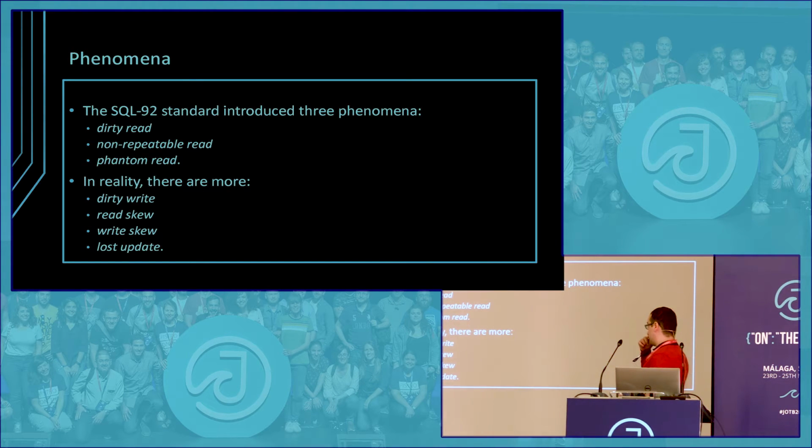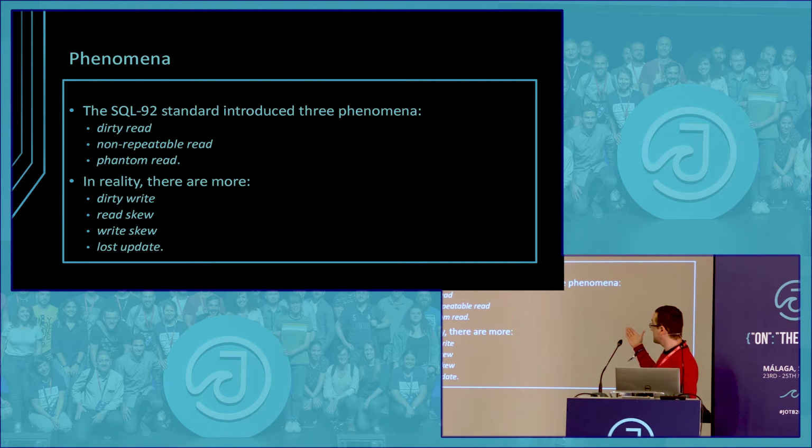The next thing is, in the standard, you see that in the beginning, when SQL appeared, everything was meant to be serializable. So they didn't talk about any anomalies, because once you use strict serializability, you don't have any anomalies. However, they realized that does not play very well with performance. So then in SQL 92, they decided that you can relax the isolation level, but then you can have some problems.